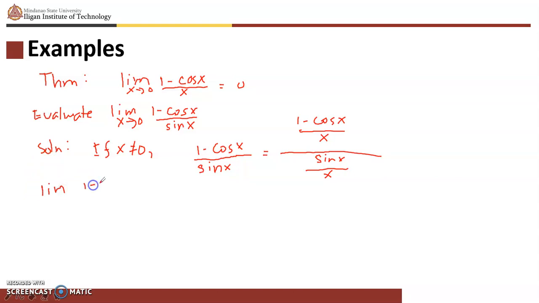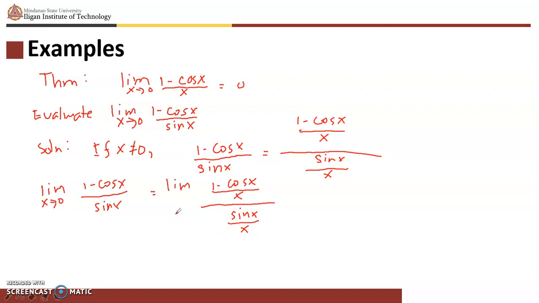So that the limit now of 1 minus cosine x all over sine x as x approaches 0 is equal to the limit of 1 minus cosine x all over x all over sine x all over x, this time as x approaches 0.